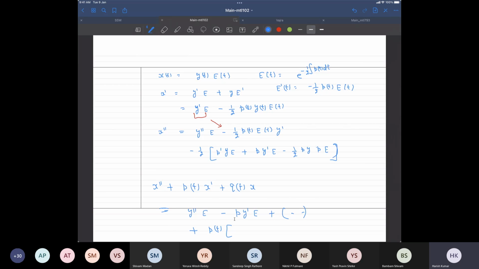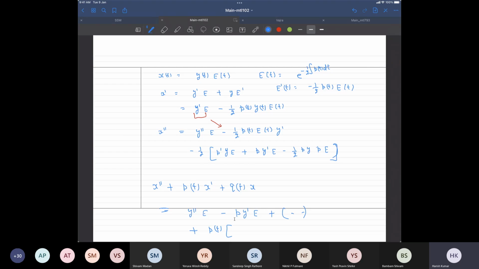Am I making a mistake somewhere? Let's see if I made a mistake somewhere. Half of y prime et, then there should be some cancellation here.